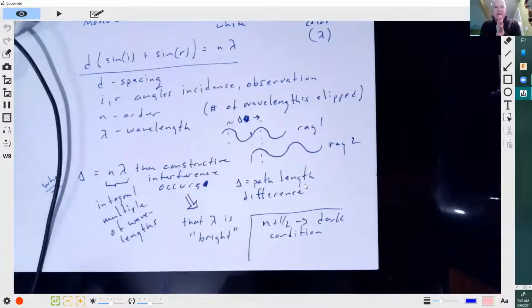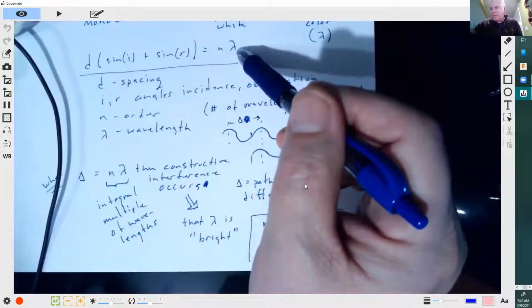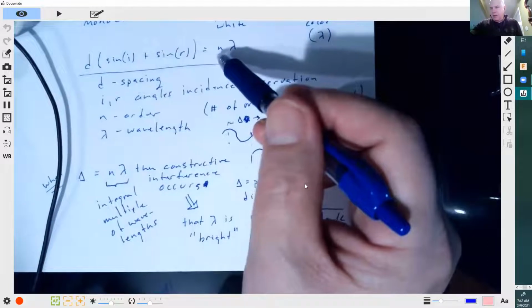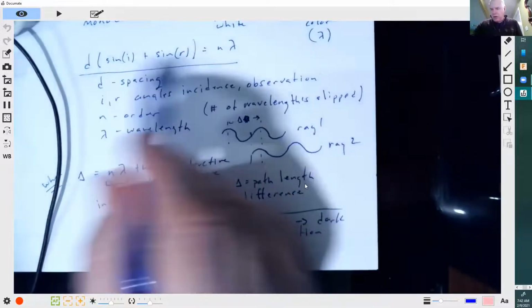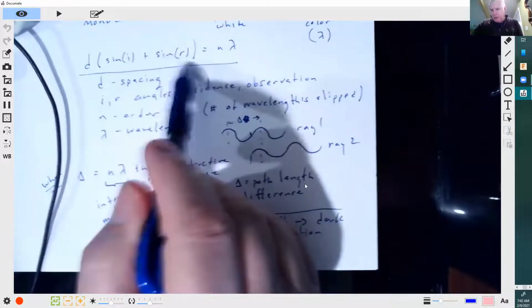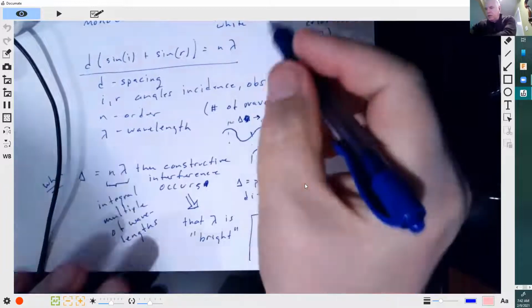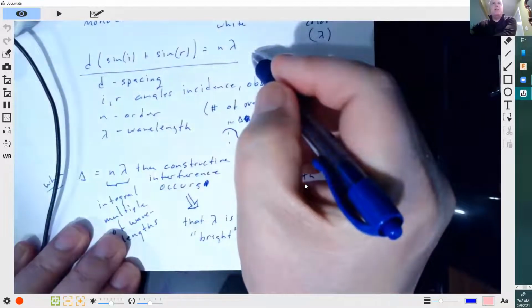For example, you could have a hydrogen emission lamp or a neon emission lamp. Neon is cool because it has a lot of red lines, right? You can find one of the wavelengths, get it into first order, and then you can know I and R, or at least you can know the sum of sine I and sine R. And so you can use a calibration lamp.